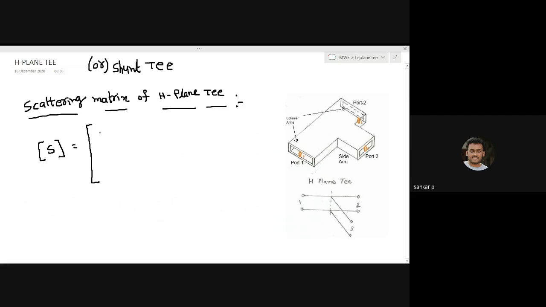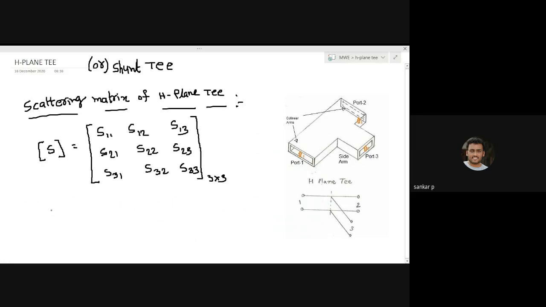Then we have to write S11, S12, S13, S21, S22, S23, S31, S32, S33. It's a 3 by 3 matrix.